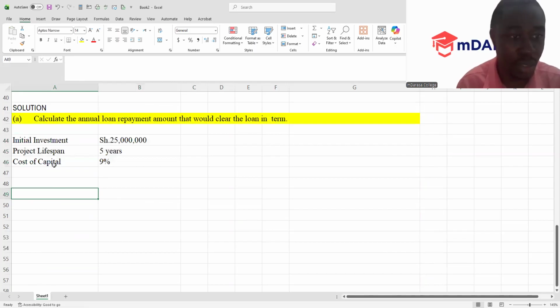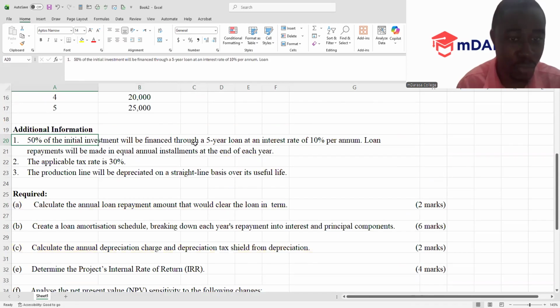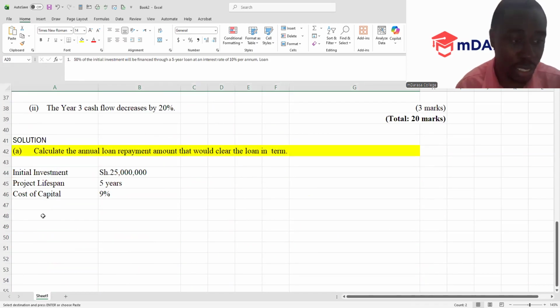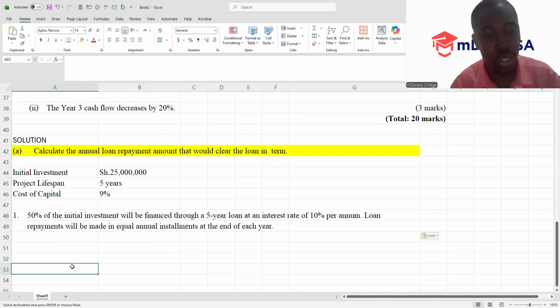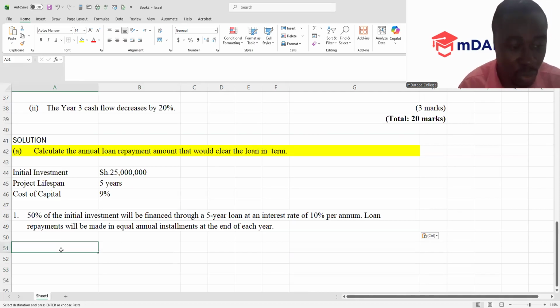So in this case, what is our loan amount? There's a note that you're given here that will guide us. Just have the note here to guide us, and because you're using Excel, it will be much easier to just copy paste. We're told that of the total investment, 50% will be financed using a loan.